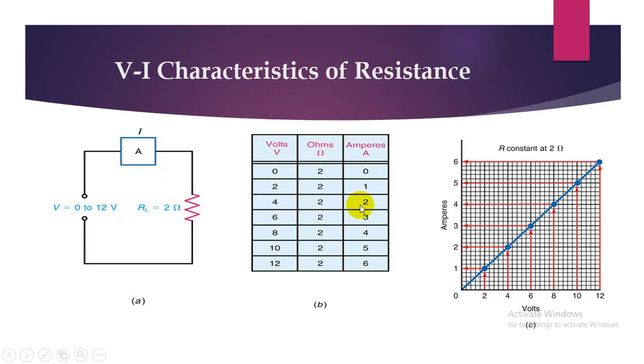Here the table is given. In this table, the values of amperes, ohm and volt are shown. For 0 volt, there is no current flowing through the circuit.